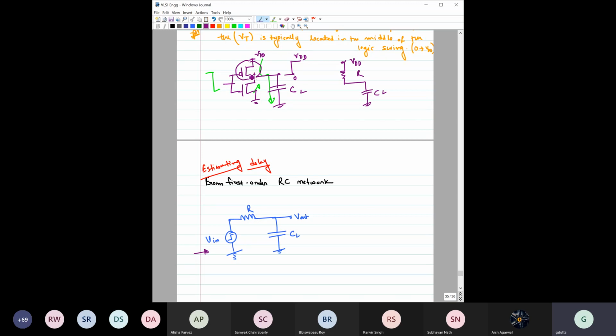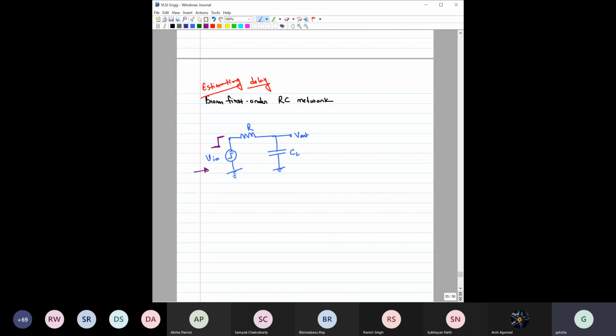This circuit is turned on immediately when you have applied 0 voltage here, so the voltage is sharp. To make our calculation a bit easier, we are considering that the input is a step input, and for this step input we are going to see what the change in this output is.